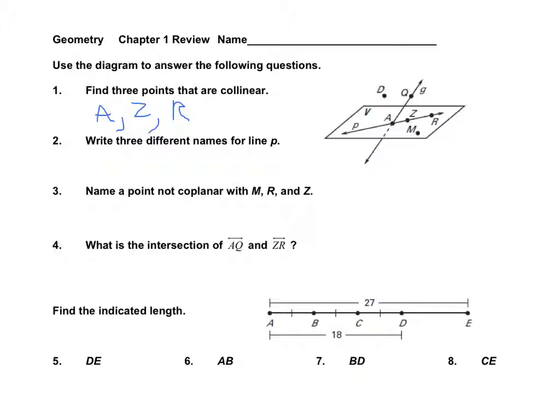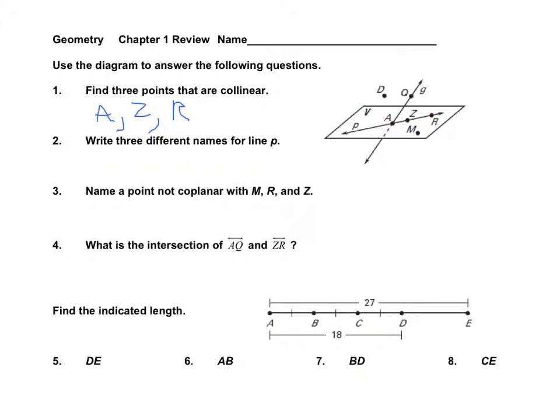All right, number 2. Write 3 different names for line P. Okay, so this is line P, and I know that because it has this small italicized letter. So we can just choose any 2 letters in any order and put the line symbol over it.